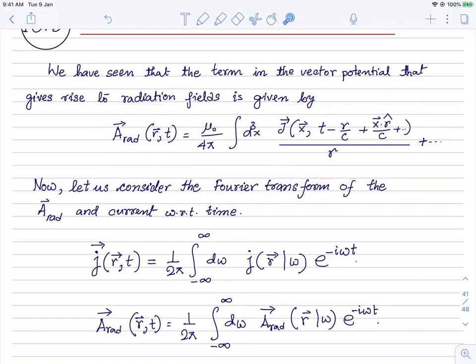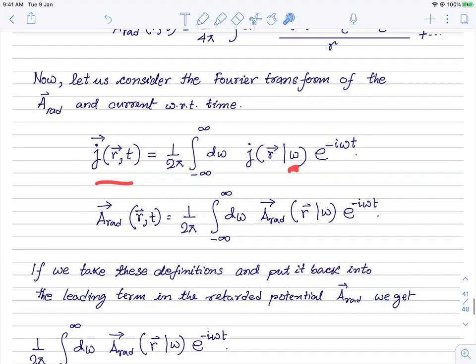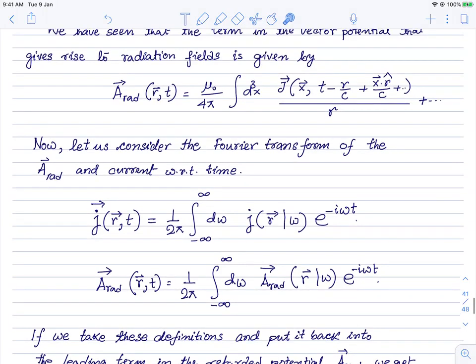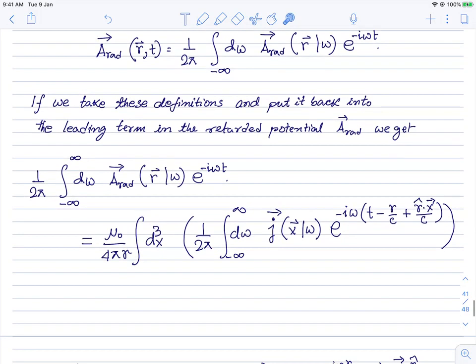Now we can take the time Fourier transform of the current and of the vector potential, and plug it back into this formula, keeping only the leading order term.